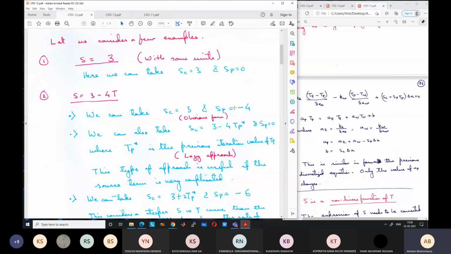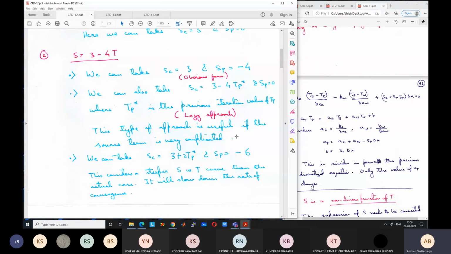This type of approach is very useful if the source term is very complicated. You club everything in the constant term, and there is no other term, if you cannot linearize.